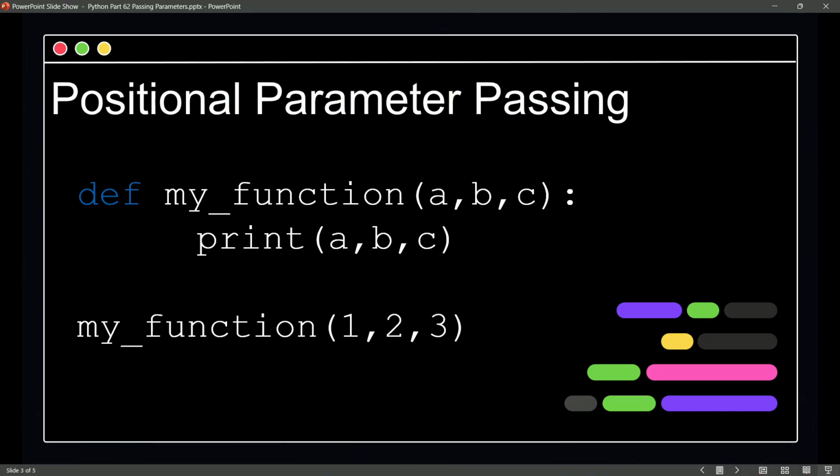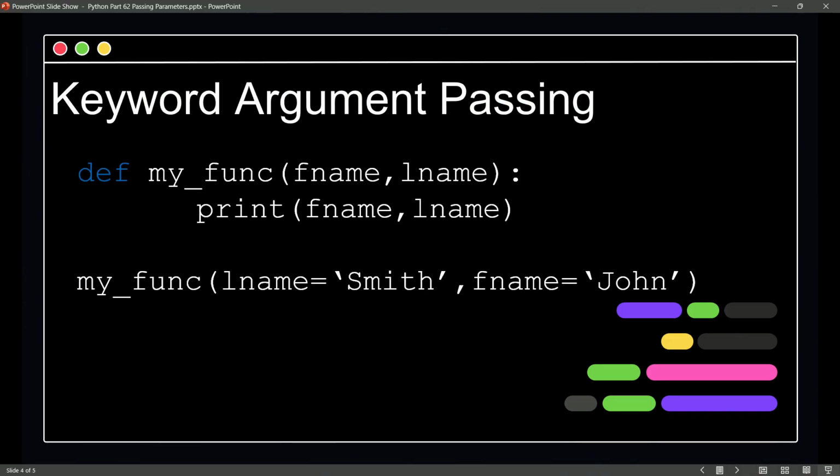All right, next up, the alternate way to go is to use keyword argument passing. Look at this example. We define my function and it has F name and L name for the parameters. When we call it and provide the arguments, we specifically call them out.